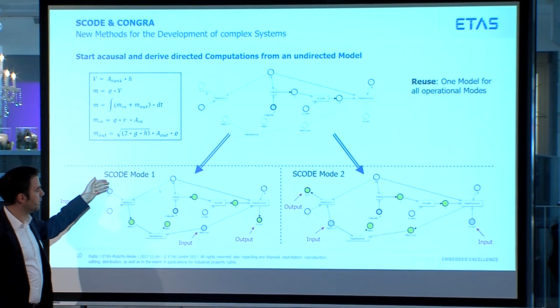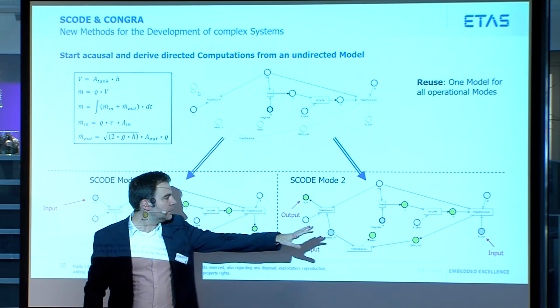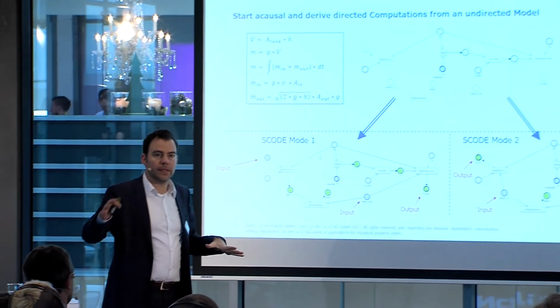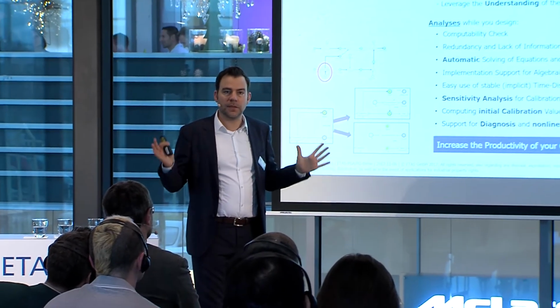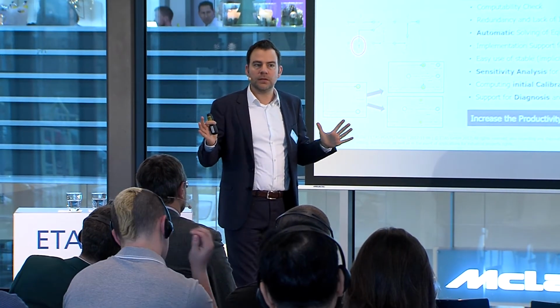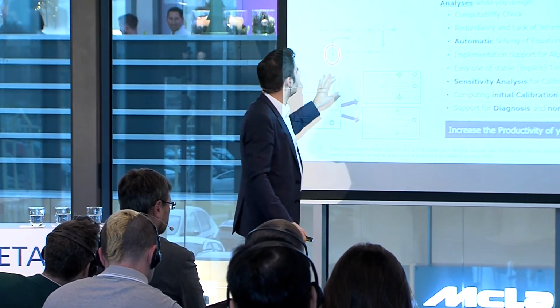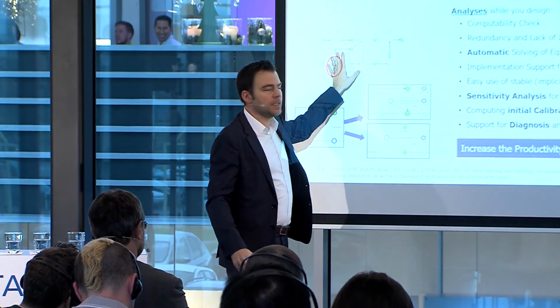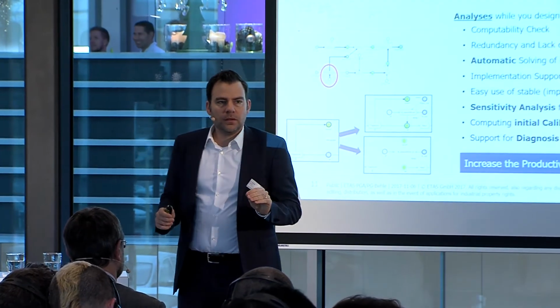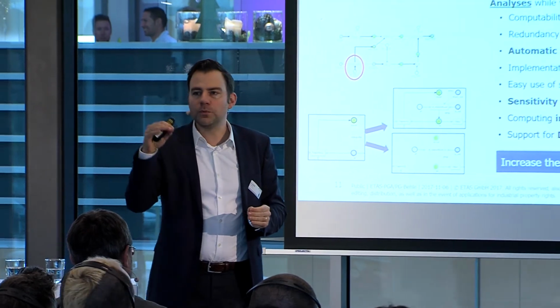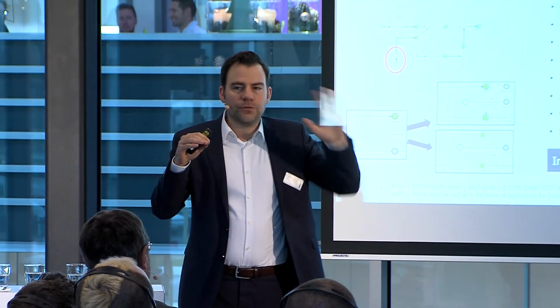And for each Scodi mode that you've derived, you say, okay, that's my input, this is my output, this is my input. I will compute the output based on the same structure. And the idea behind it is that the physics don't change. My basic equation doesn't change. I can apply it everywhere. Or another thing like sensitivity analysis, the question of, well, I have an output value, for example, some vibration.